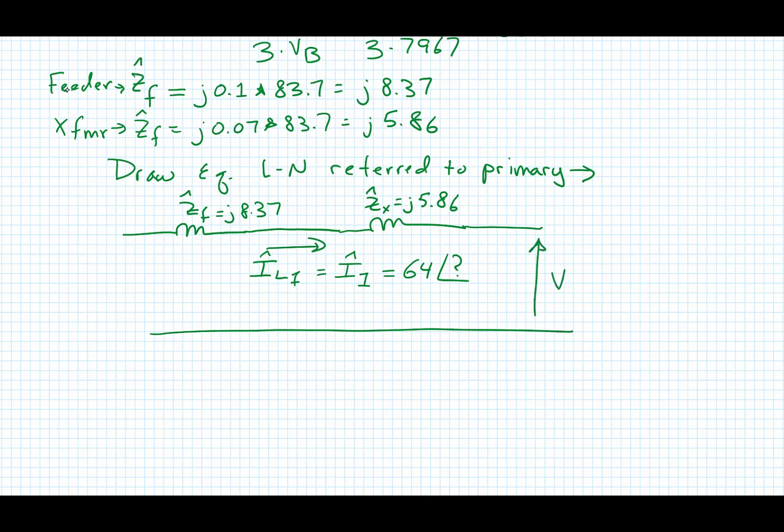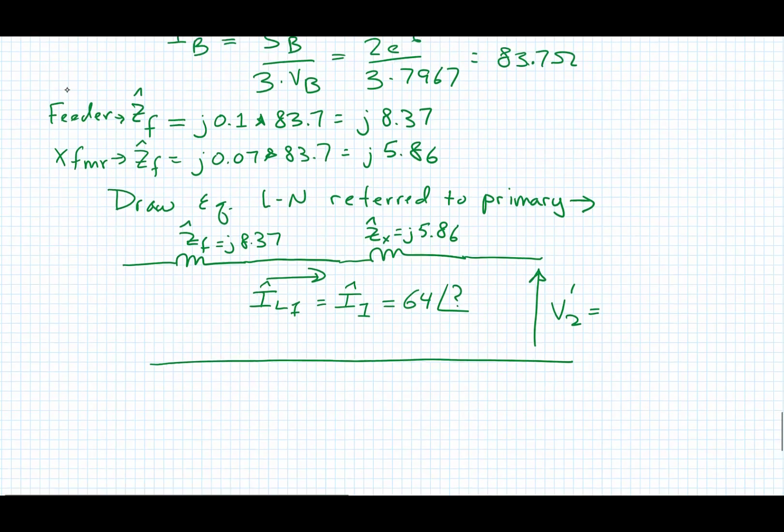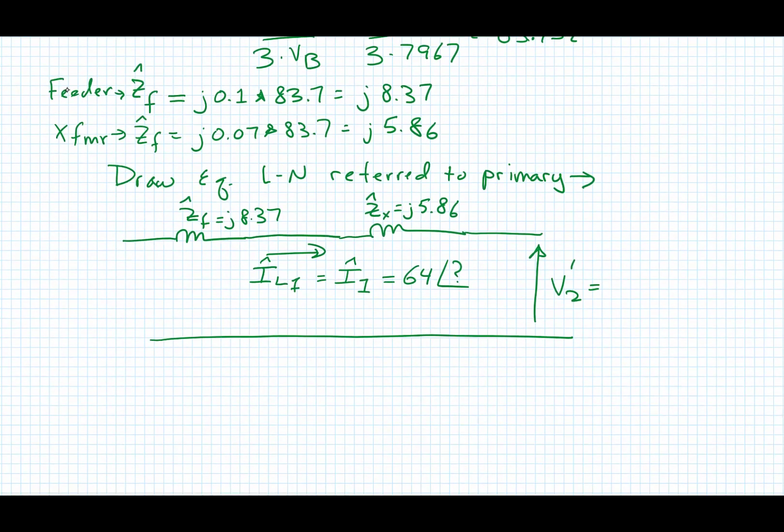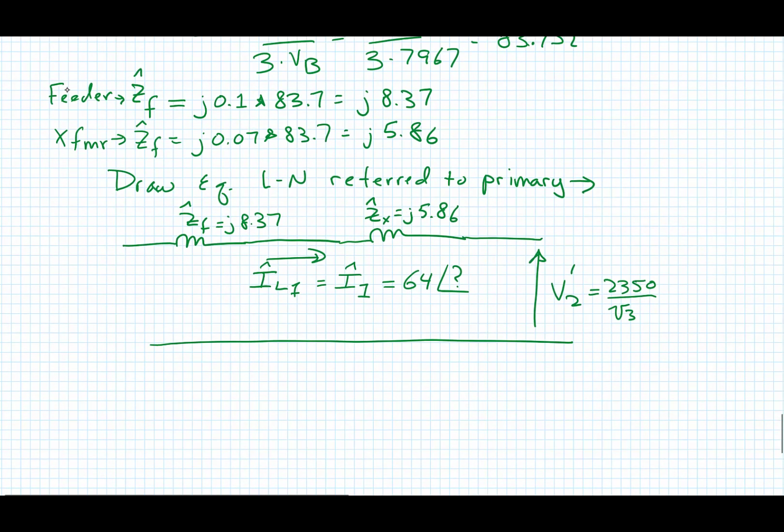So we have our V2 prime, and we can find that. Here we have to take the 2350, divide that by square root of 3 to get the line to neutral, and then we have to multiply it times the turns ratio to get it over to the primary side.